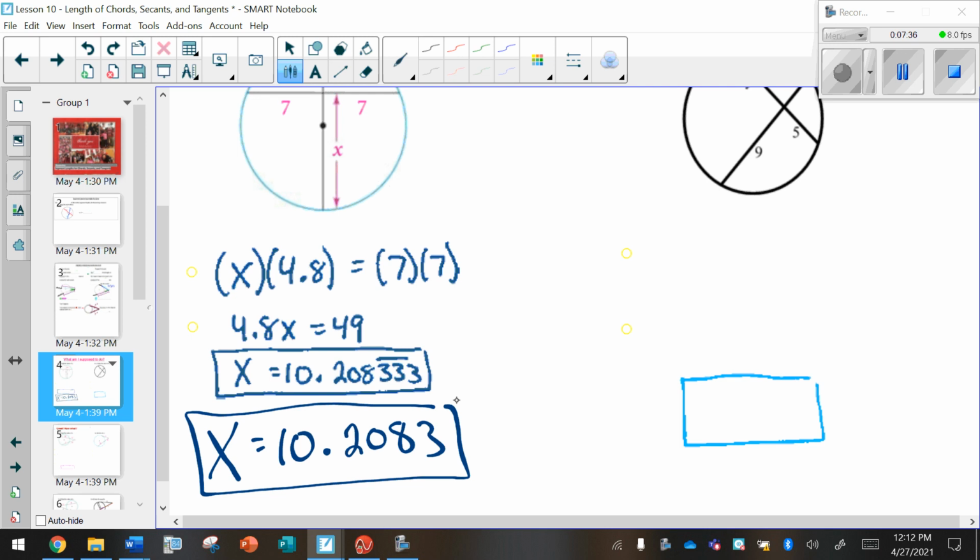If the rounding is not written in the directions, you can either leave it exact as the fraction 49 over 4.8 or carry 4 decimal places. That's the AP equivalent, or that's the expectation when you take the AP exam. If you end up taking an AP exam, they just expect everybody to keep 4 decimal places. So that's what we tell our students in our pre-AP courses.